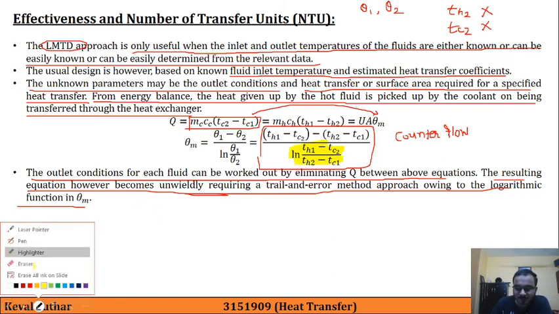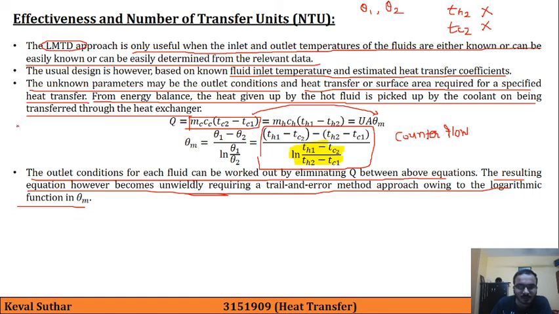Let me write down once what we are trying to say here, that the equation will be like this: m_c c_c (TC2 minus TC1) is equal to UA. Instead of theta m, what we can write down?